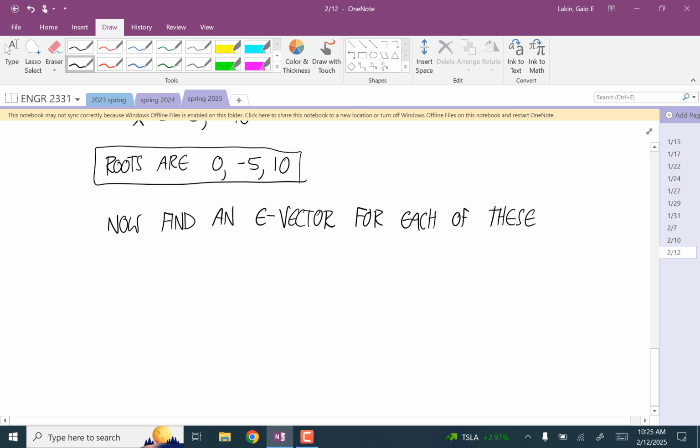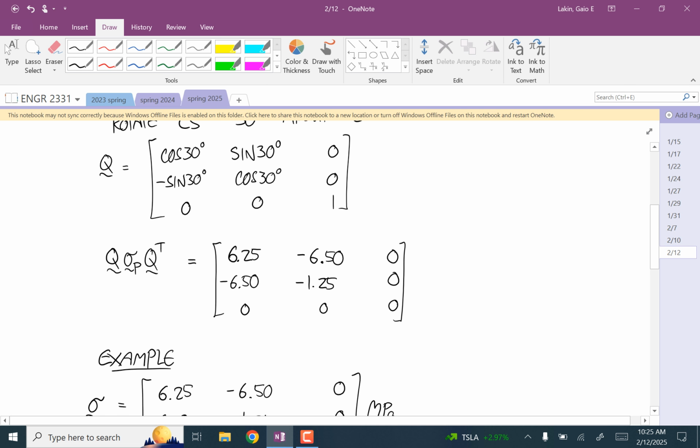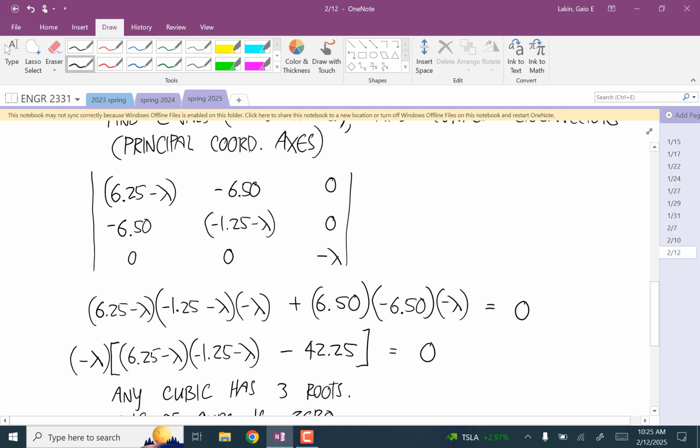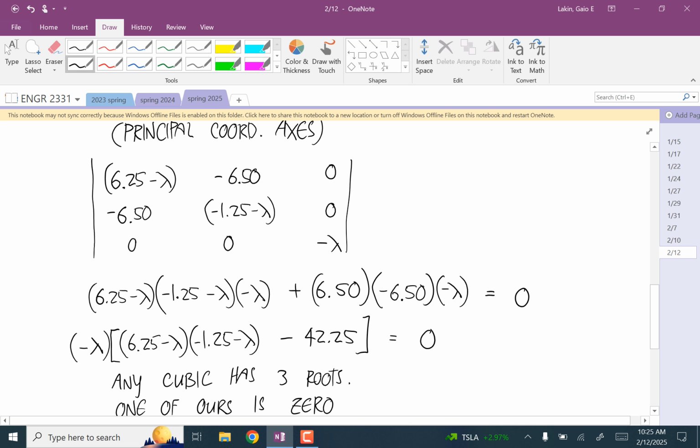Okay, so first I'll start with lambda equal 0. I'm going to go back to this equation and just plug in 0 for lambda.